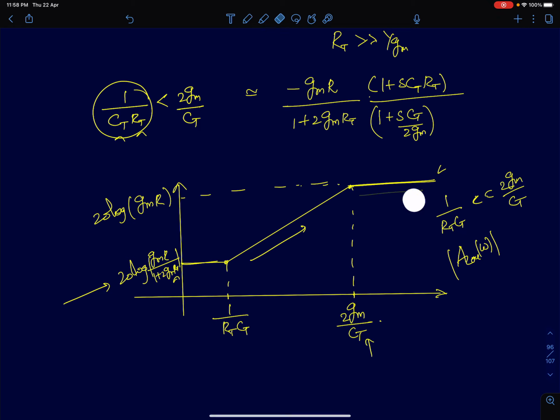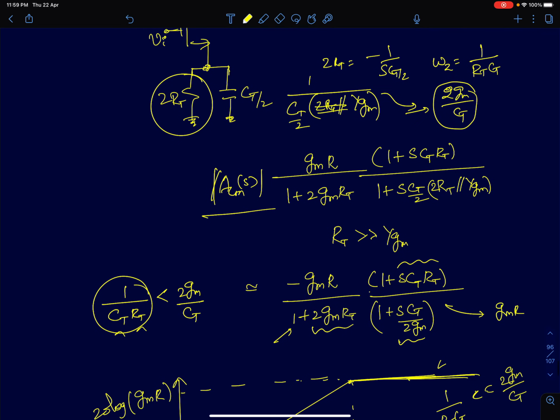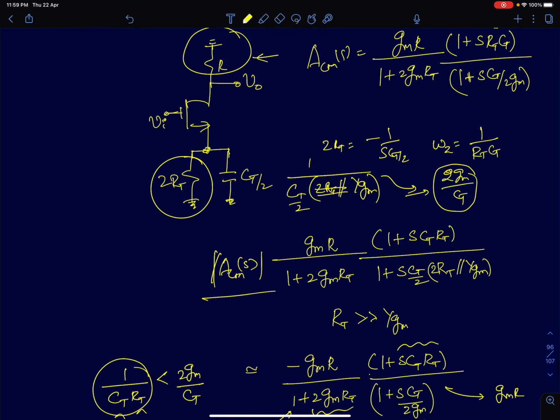The important point to understand here is that at very high frequency, even at infinite frequencies, the gain is flattened out. What is the value of that gain? We discussed many approaches to find it in the last lecture itself. I can directly use that and show that for this gain, you can assume this term is greater than 1, this term is greater than 1, and you can also assume 2 GM RT is much greater than 1, and you can readily show this term converges to GM R. Or we can see that from this circuit: at very high frequencies, the capacitance here acts like a short circuit.